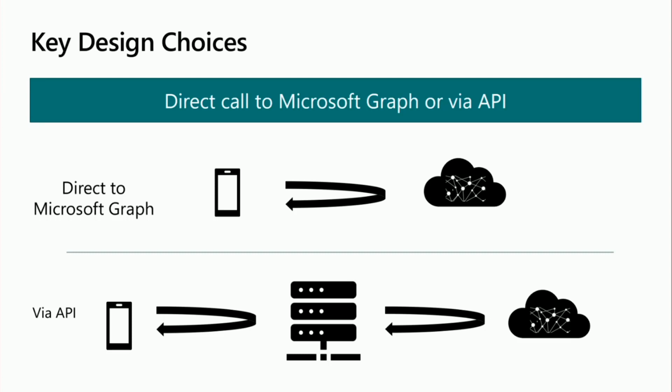So you can have secret credentials that are stored in the middle tier in order to access other information using the credentials of the actual application, information that the user themselves can't necessarily get access to. And it also gives you that middle layer in order to compose responses and transform responses and things like that.